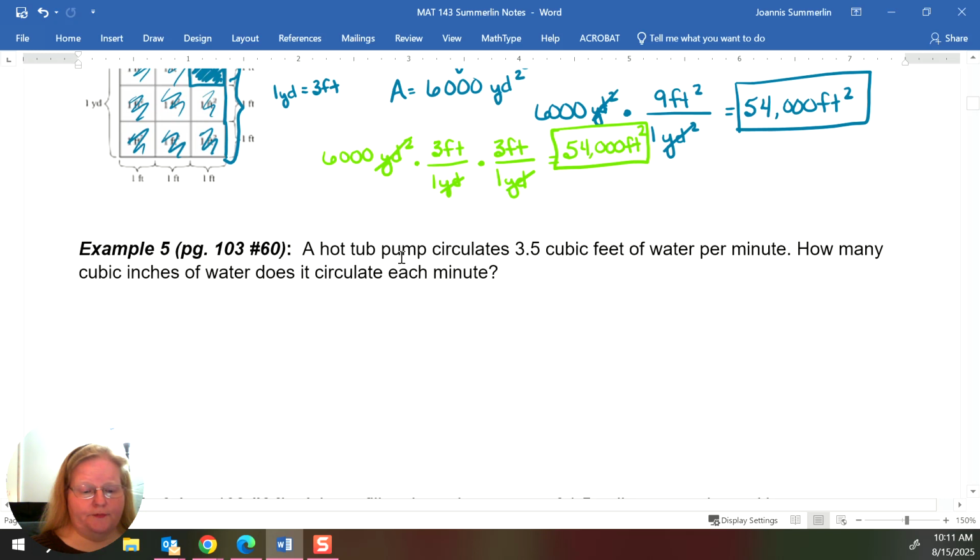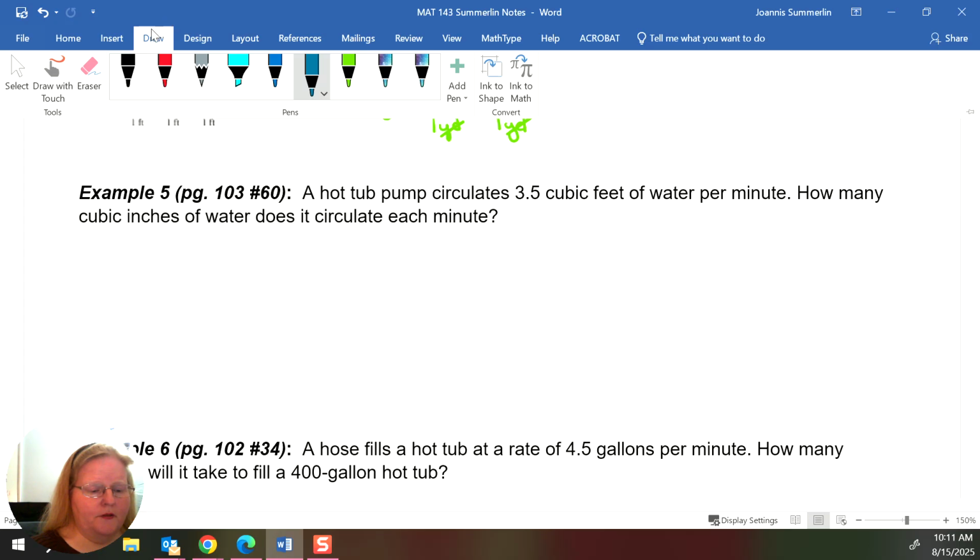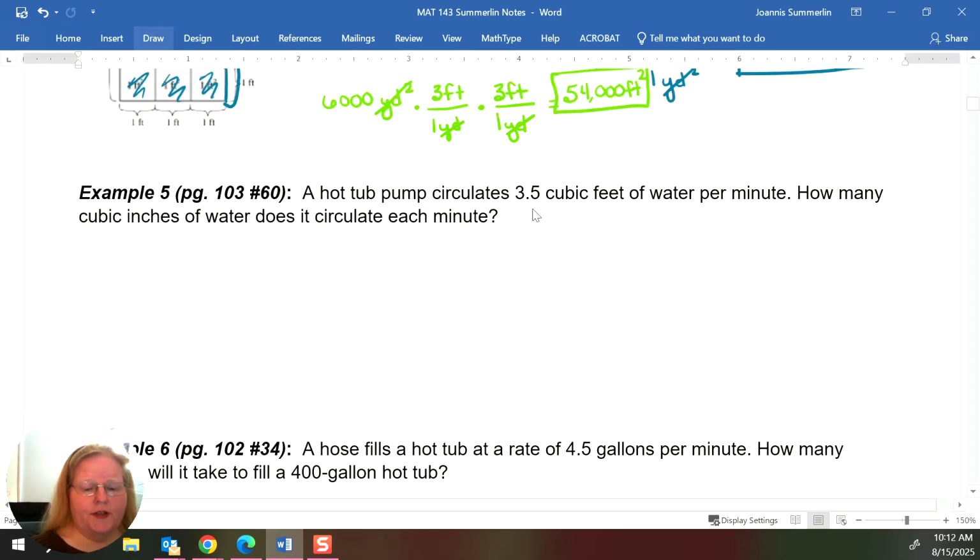Let's look at the next one. It says a hot tub circulates 3.5 cubic feet of water per minute. That is a fact. 3.5 feet cubed of water per minute. It's a fact.